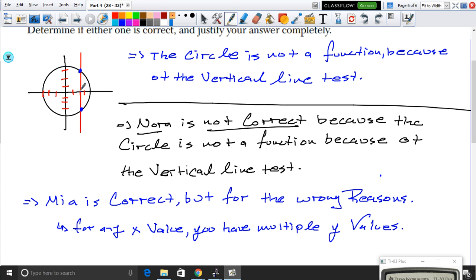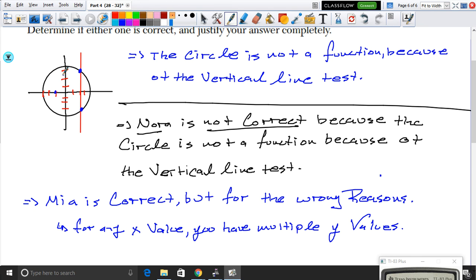So what this is saying is that if I pick any x, I can see that there are two y values, one on the top and one on the bottom. It doesn't matter what you pick. What if I pick this x point? You have one value on the top, one value on the bottom. So for any x values, you have multiple y values.